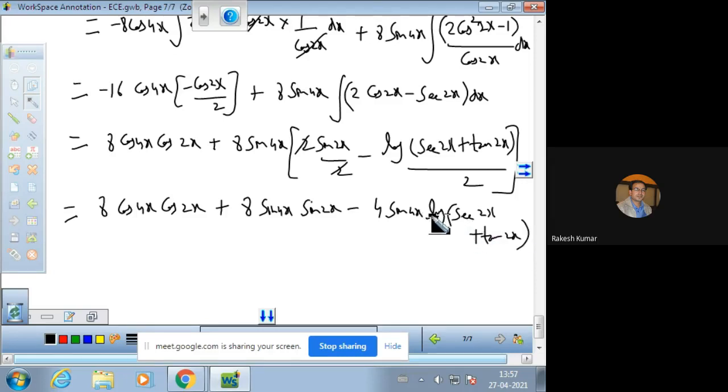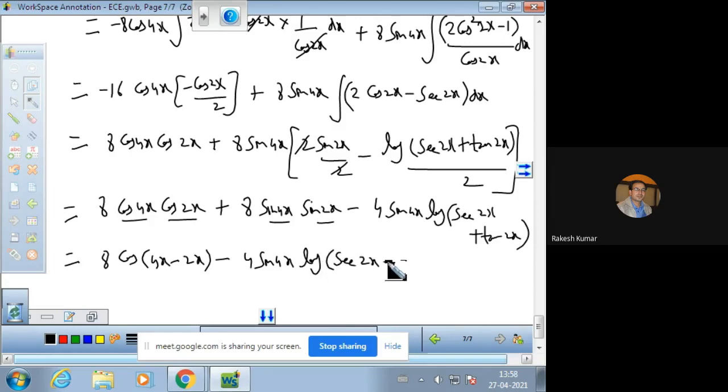So further we can solve here. This is the formula. 8 can be taken common. Cos A cos B plus sin A sin B is cos of A minus B, and minus 4 sine 4x log of secant 2x plus tangent 2x.